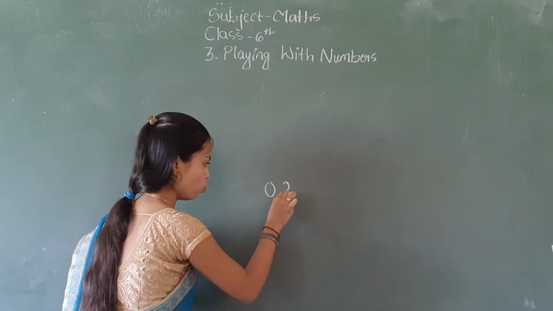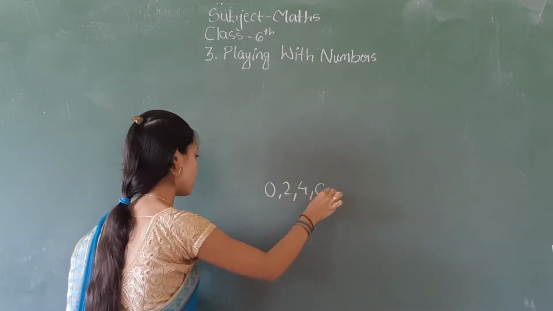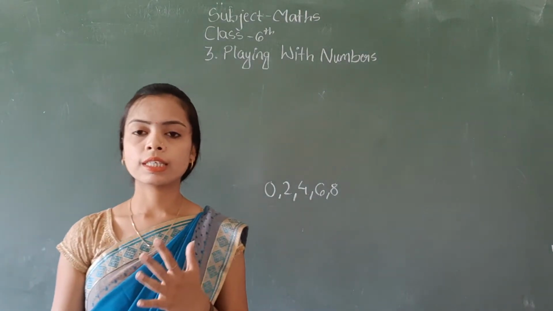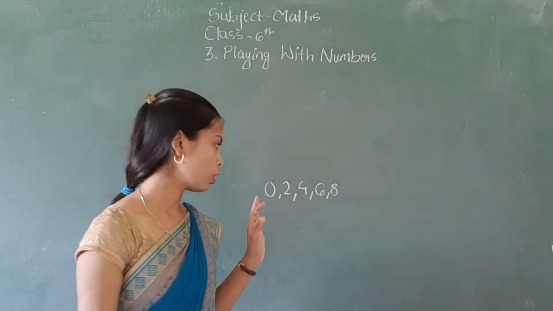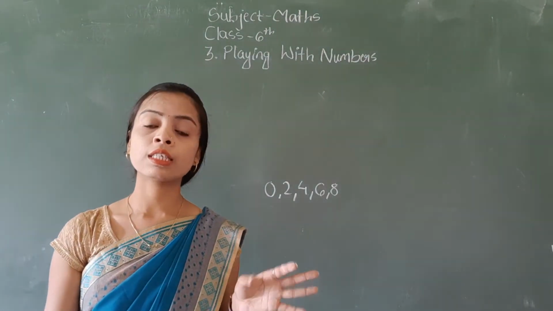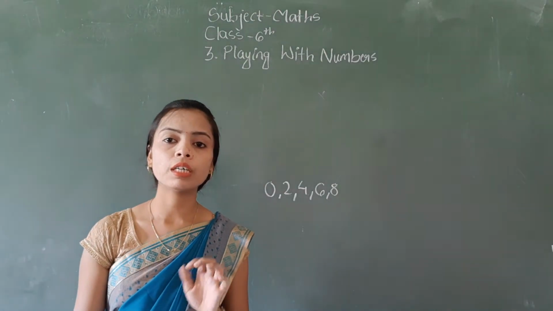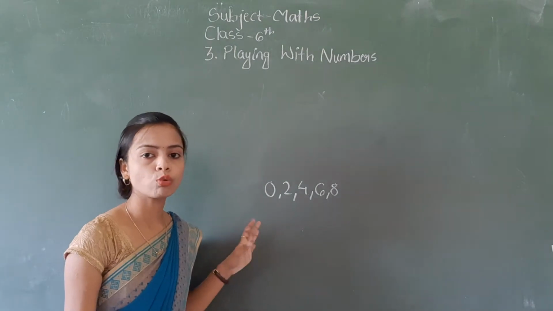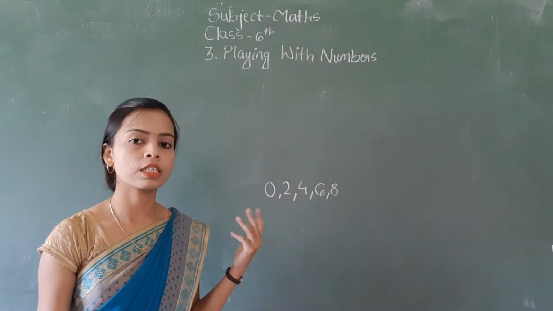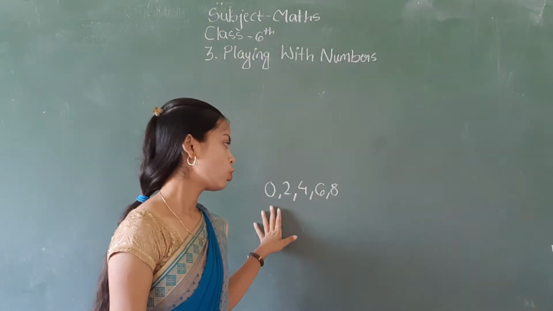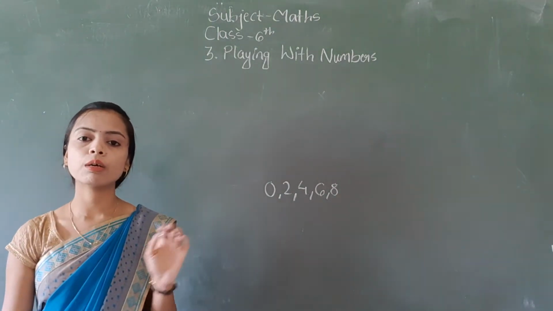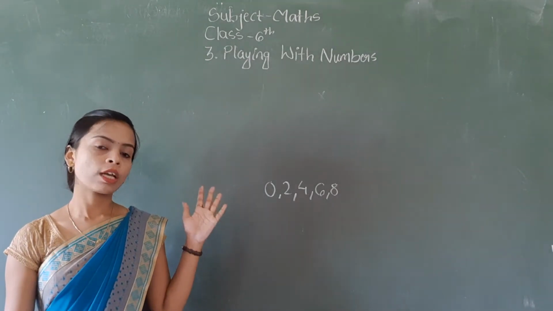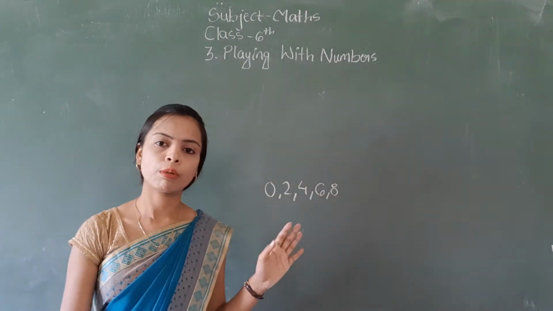If there are the digits 0, 2, 4, 6, 8 in the unit place of a number, then that number is exactly divisible by 2. So you check the unit place, and if there is 0, 2, 4, 6 or 8 there, you can say that the given number is divisible by 2.